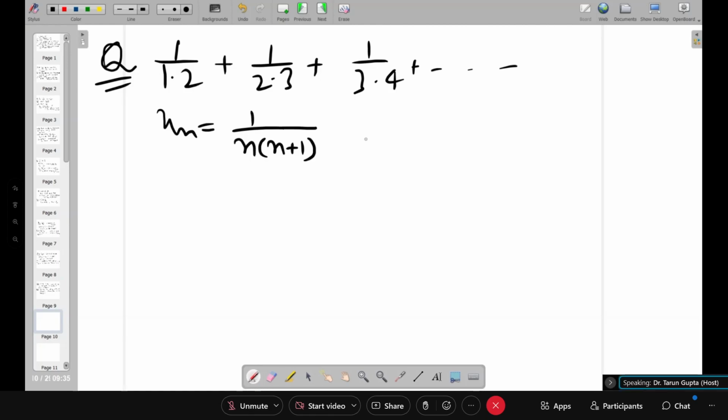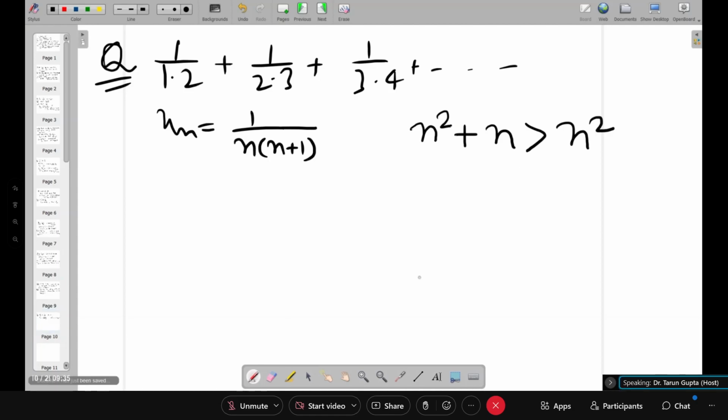If we solve by direct comparison, then what is the term in the denominator? n square plus n. This term is always greater than n square.